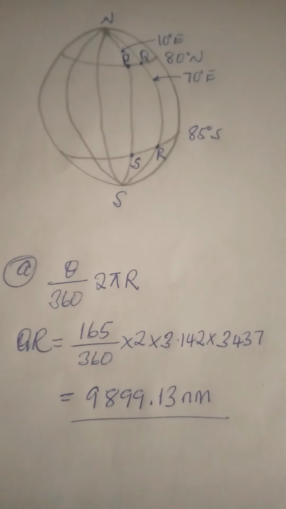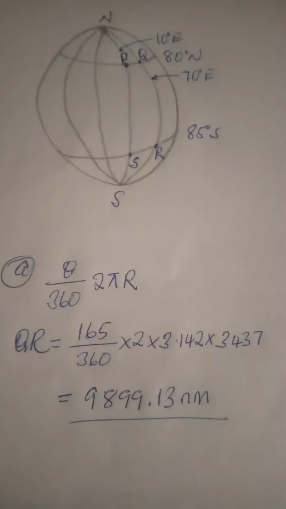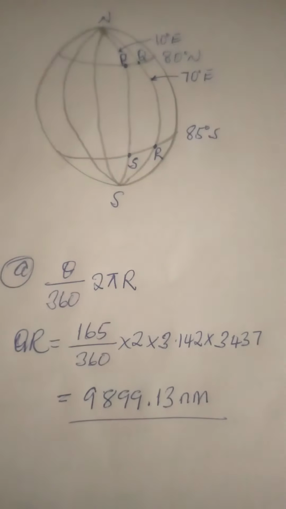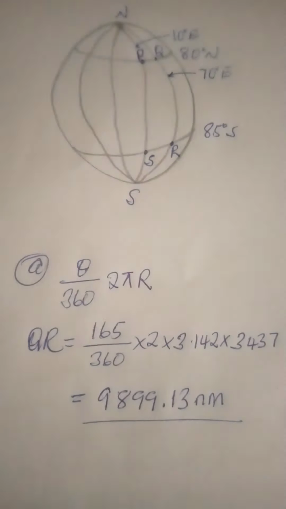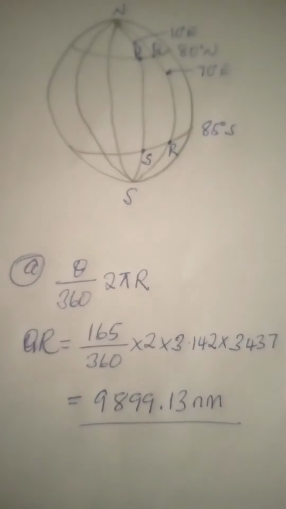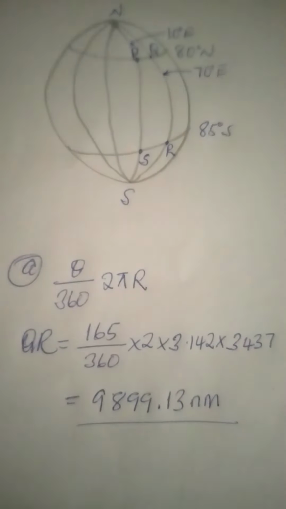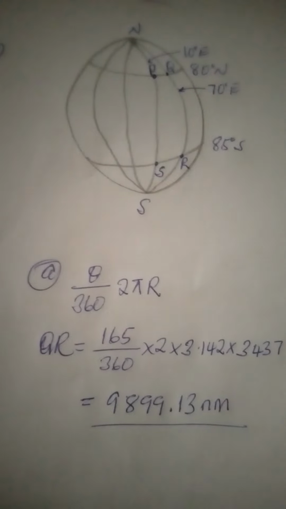That's what we know. And then the total we find, that's the distance asked here, it's 9,899.13 nautical miles. Let's go to the next question.